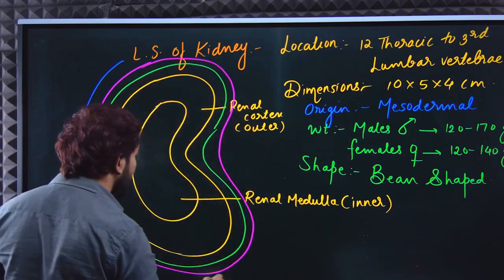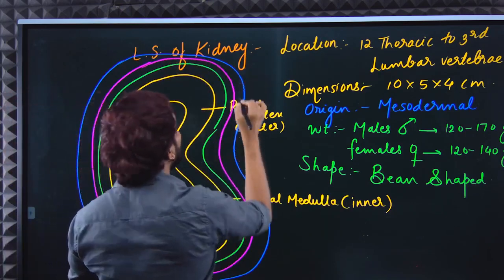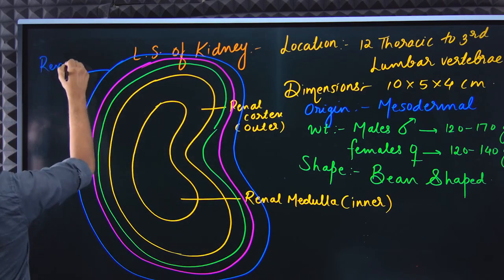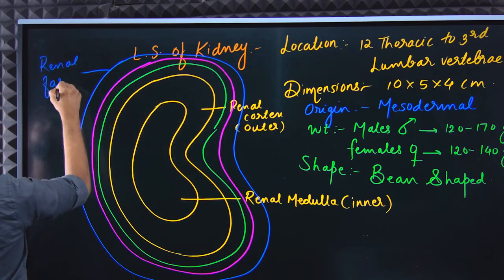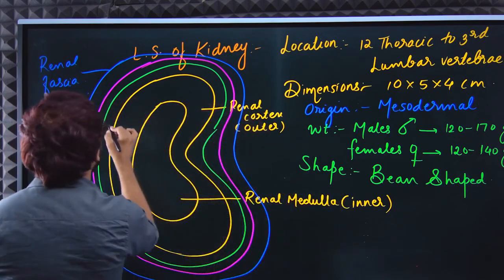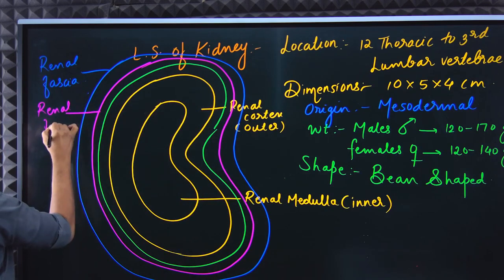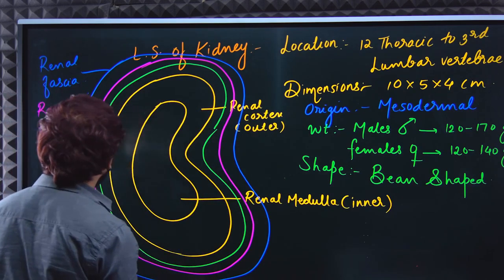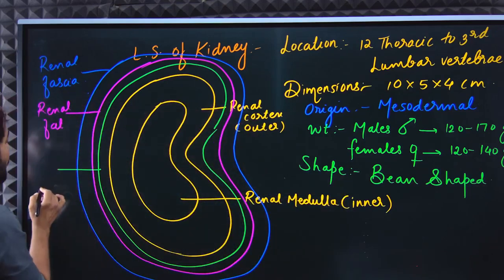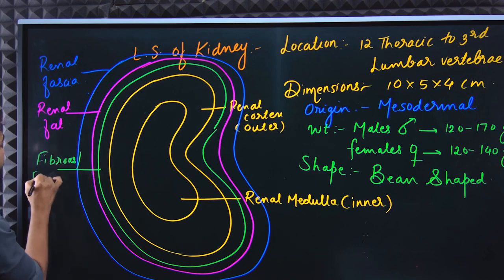The one in the blue is called renal fascia. The one in the pink is called the renal fat, and the one in the green is called the fibrous capsule or the renal capsule.